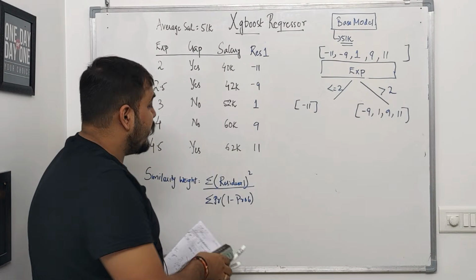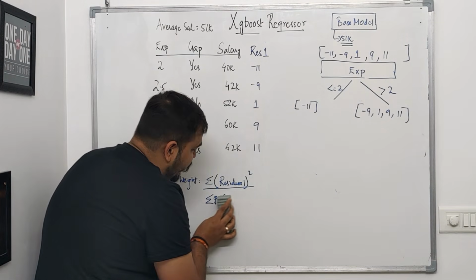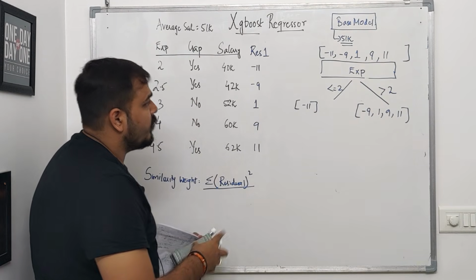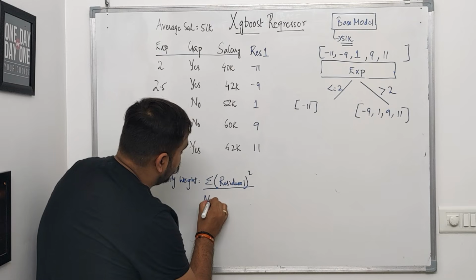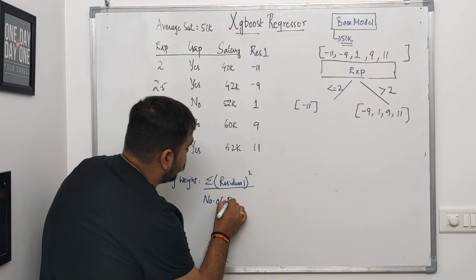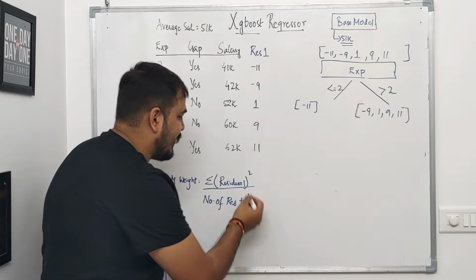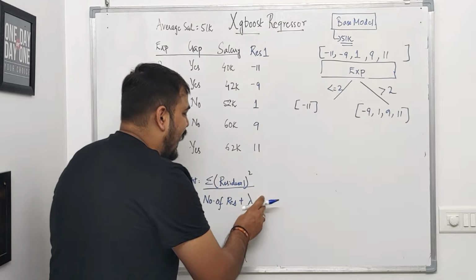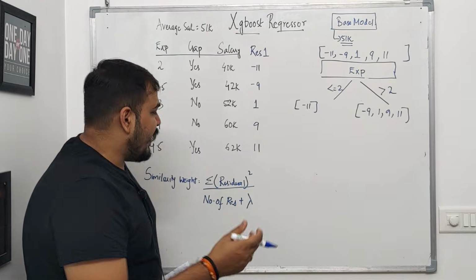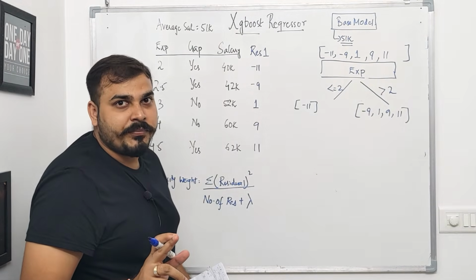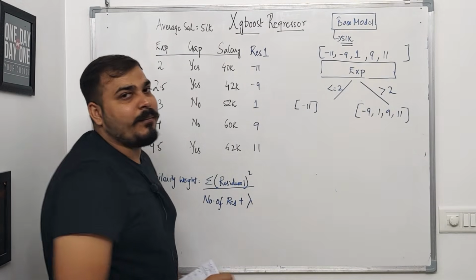Now in case of XGBoost regressor, this formula will change a little bit. Here we will basically say number of residuals plus a hyperparameter which is called lambda. If we increase the lambda value, this will decrease the similarity weight, in short. So this can be treated as a hyperparameter.